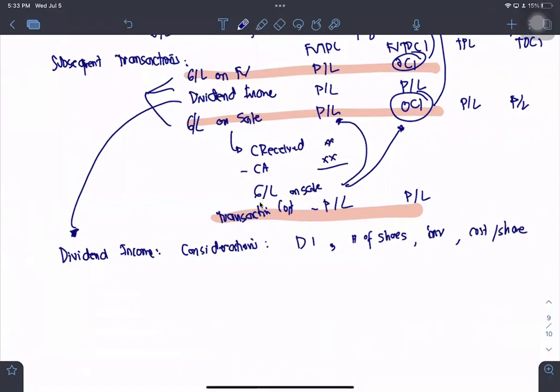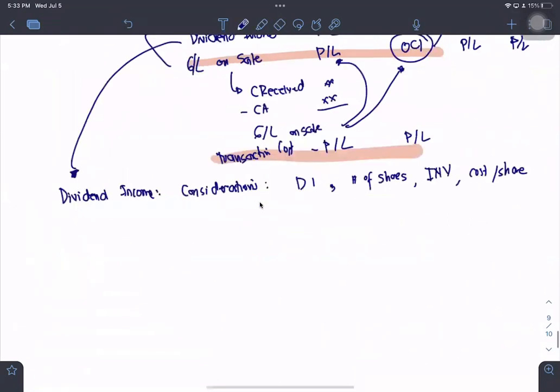If ever, it will increase or decrease the dividend income, number of shares, investment, or the cost per share. So we will take a look at the effects on the following: dividend, number of shares, the amount of the investment, and the cost per share. The first dividend that we will talk about is your cash dividend.